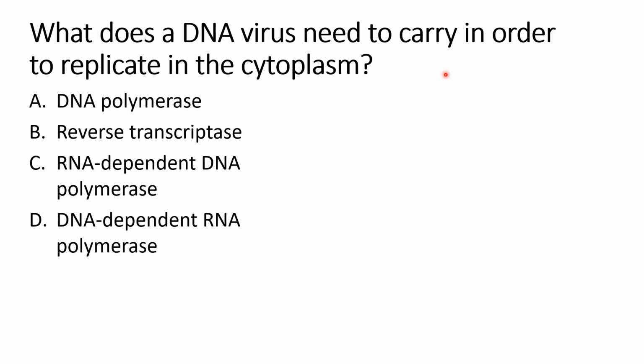Our DNA viruses usually replicate in the nucleus, so they can rely on the host cell DNA-dependent RNA polymerase. But in the case of Poxviridae viruses, they can replicate in the cytoplasm, but to do so, there is no host enzyme in the cytoplasm to help them replicate. So they need to carry in with them the DNA-dependent RNA polymerase.